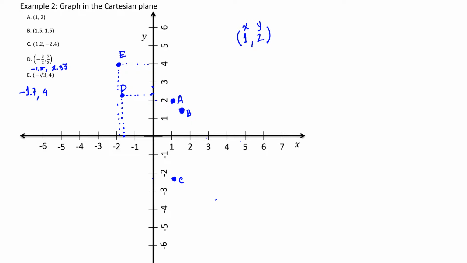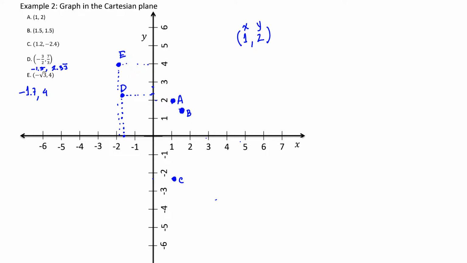Notice that a lot of this we eyeballed, okay, what 1.5 would be. The idea is that when you graph something, especially when you're dealing with decimals, it's not always going to be as accurate as it would be if a computer was doing it. And I will take that into account.